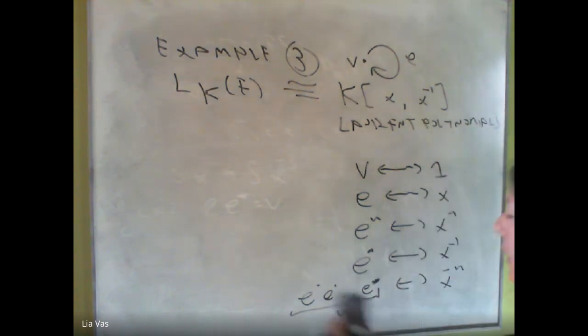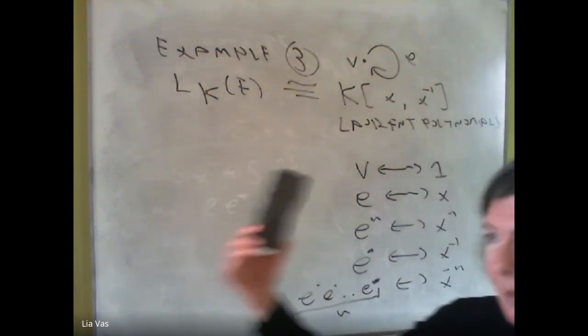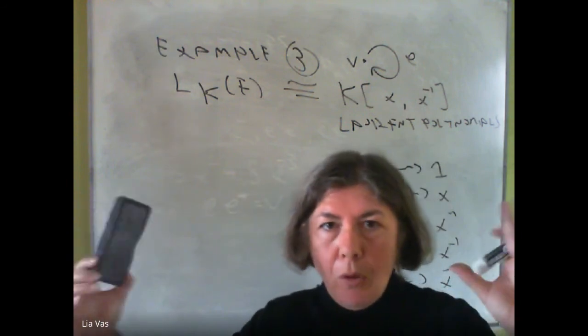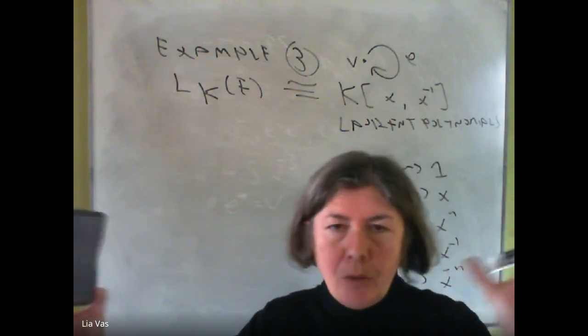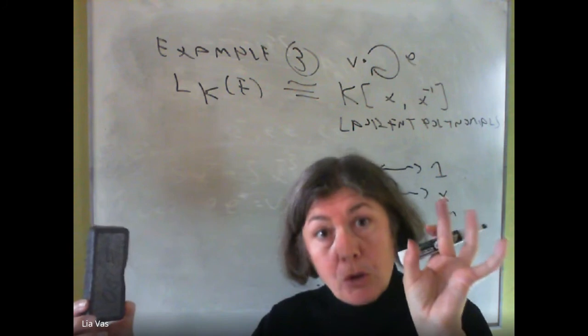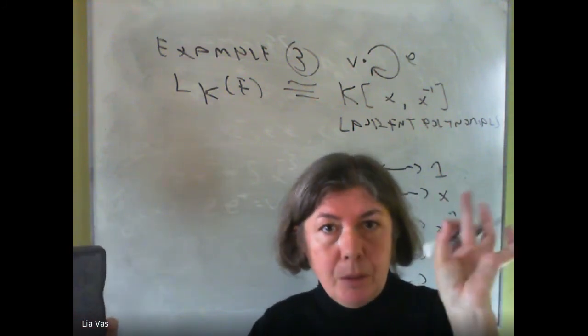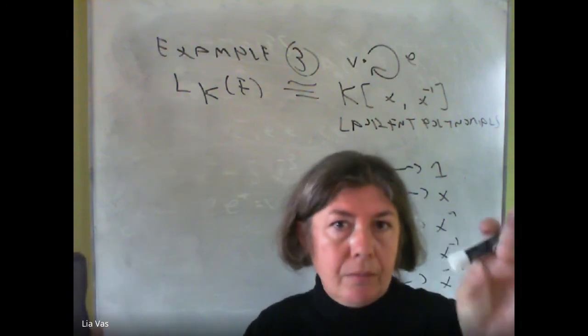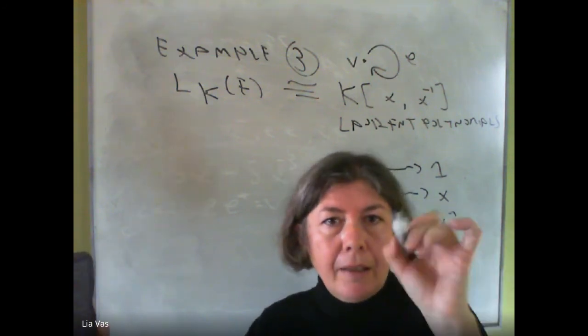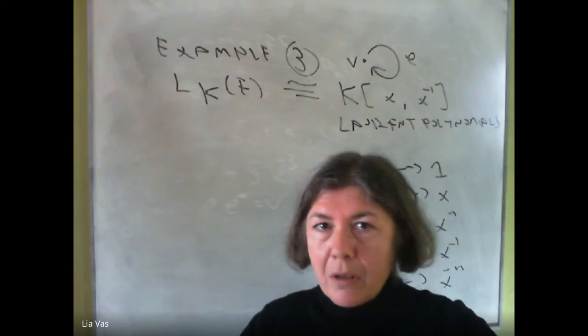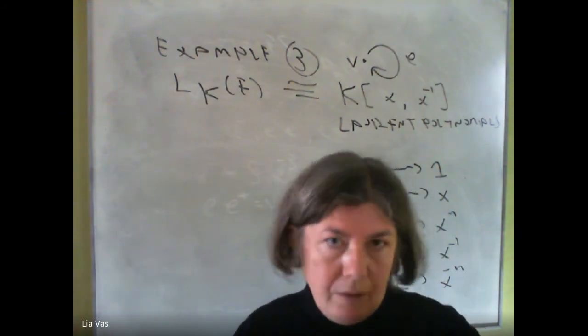These are again finite sums of linear combinations where each monomial has a scalar multiple from k, an element from k, and then a power of x, positive or negative integer, doesn't matter, right?